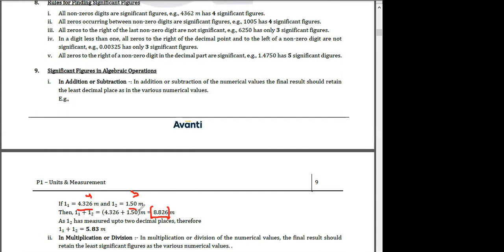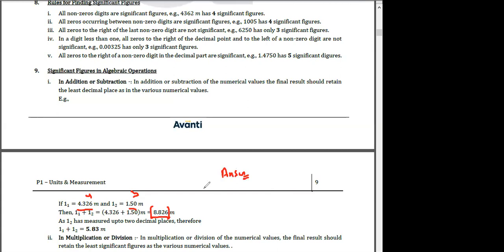Okay? But according to the rule, right? The answer that we should write, the answer that we should write should be, okay, according to the least significant numbers. So among this 4 and 3, what is the least significant numbers? Tell me, 4 or 3? 3, right? So for our answer, right?